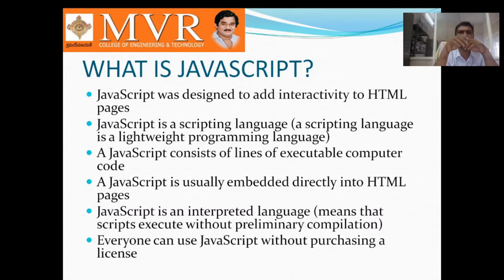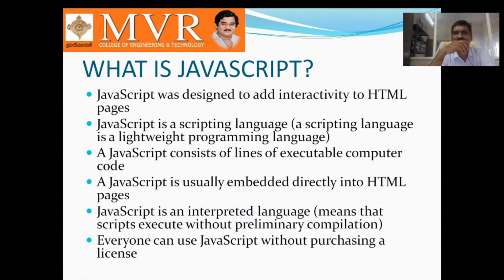Or I want to add two numbers. In one text box I enter 2, in another I enter 3, and I press the add button. Whenever I press the add button, 2 plus 3 comes into the third text box. This is called interaction. So JavaScript was designed to add interactivity to HTML pages.